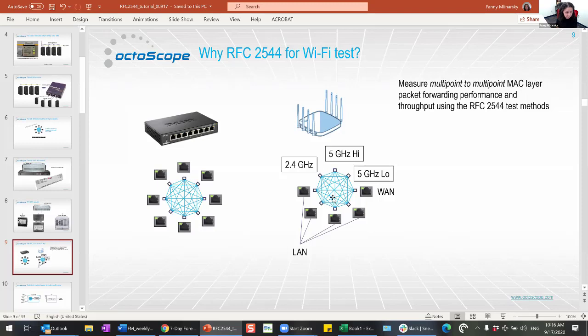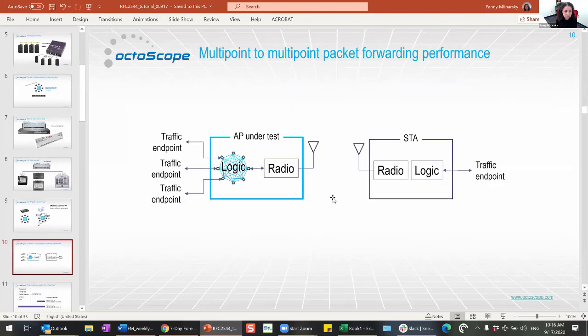So as all good test people know, the good test methodology, you have to divide and conquer, because you have two things here in your access point router under test that can limit your performance. And if you're a good test person, you know that you have to separate them and test them separately. Okay, we all know that.